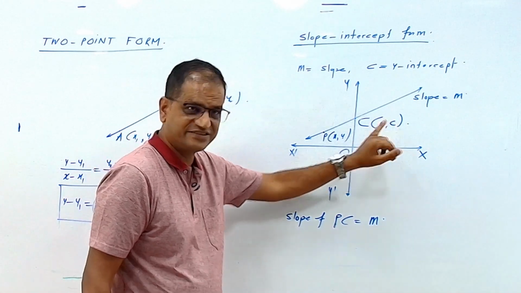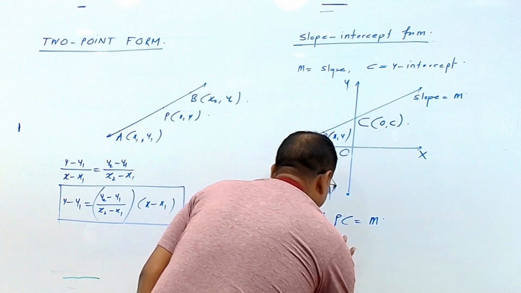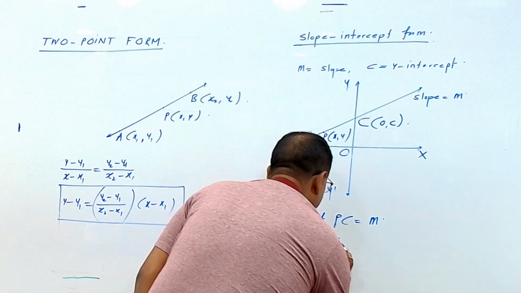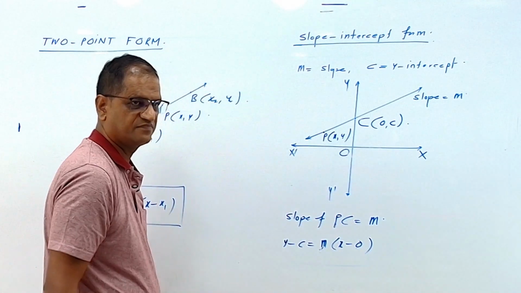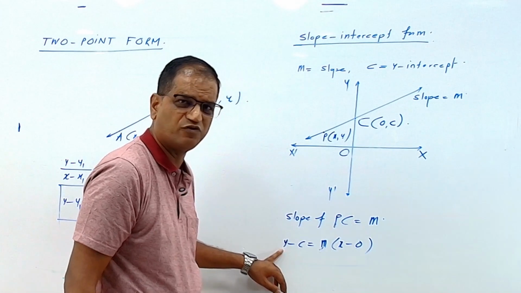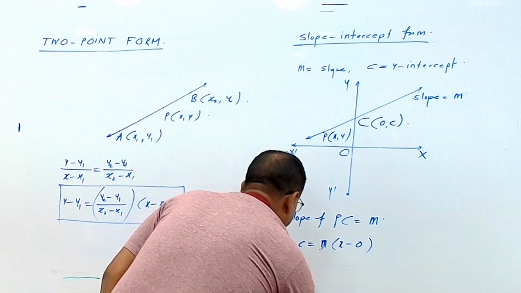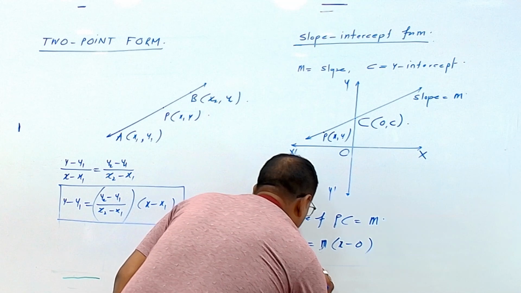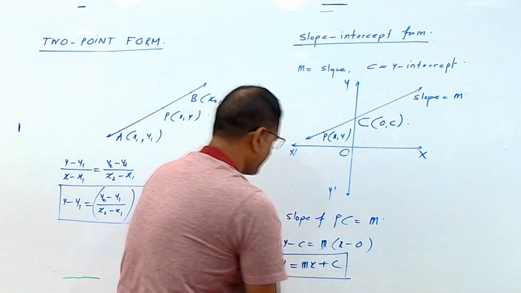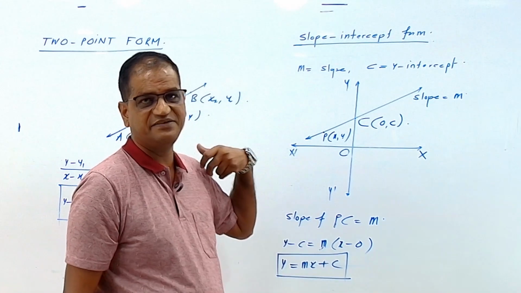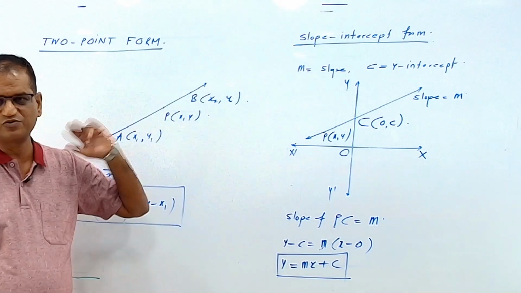It's y minus c upon x minus 0 equal to m. I am using the point slope form, first form, y minus y1 equal to m x minus x1. So is it same as y equal to mx plus c, where m is the slope, c is the y-intercept? You got my point? Yes? Make a note of this.